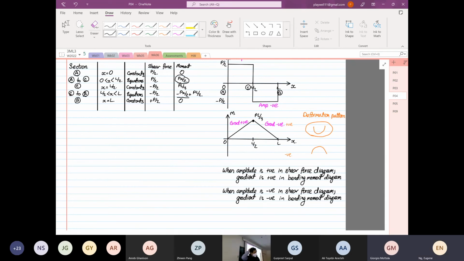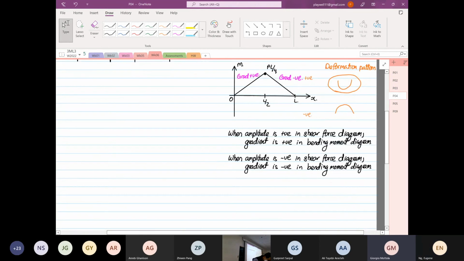Another important feature that I want you to observe is that when the shear force is equal to 0, there is a possibility where the bending moment is at its maximum.